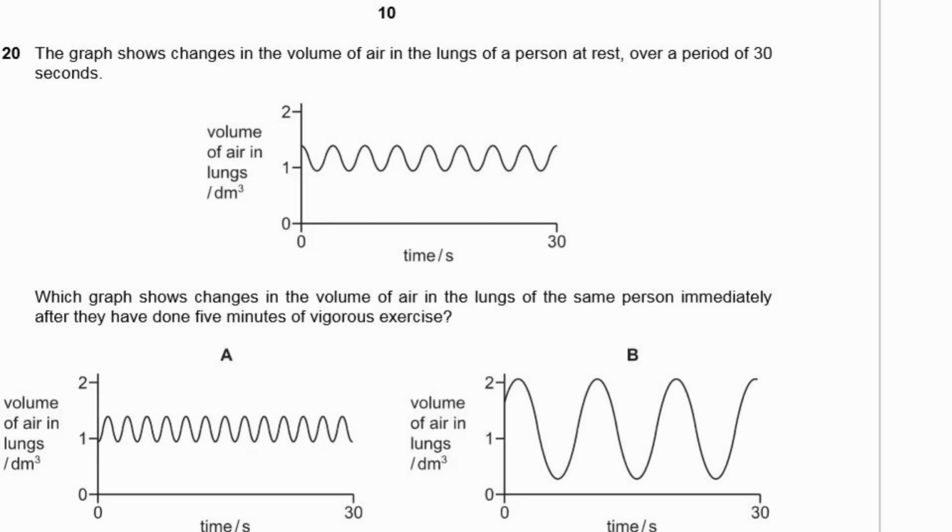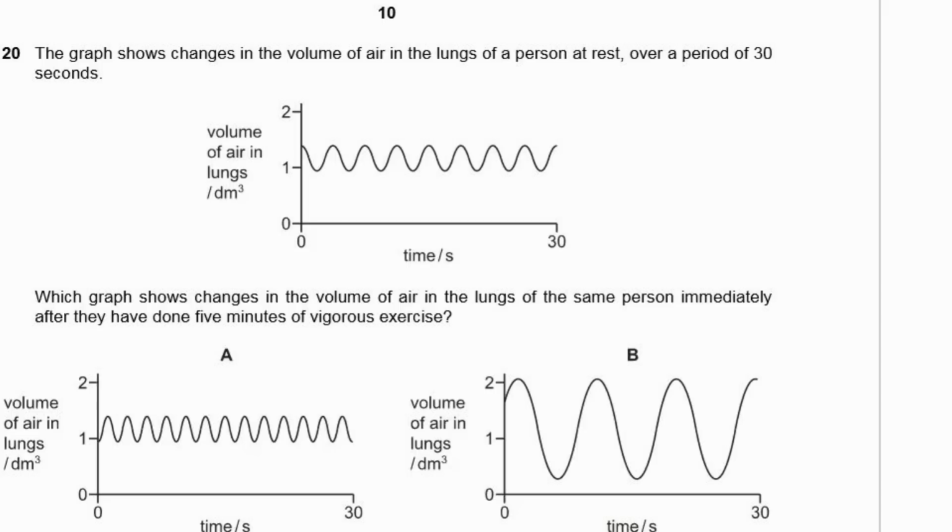Question 20. The graph shows changes in the volume of air in the lungs of a person at rest over a period of 30 seconds. Which graph shows changes in the volume of air in the lungs of the same person immediately after they've done 5 minutes of vigorous exercise? Okay, so when you're resting, you're not going to be having very deep breaths. You're going to be breathing nice and slowly and not very deeply.